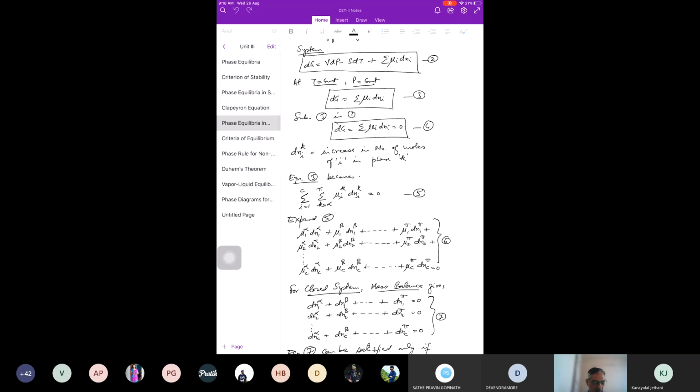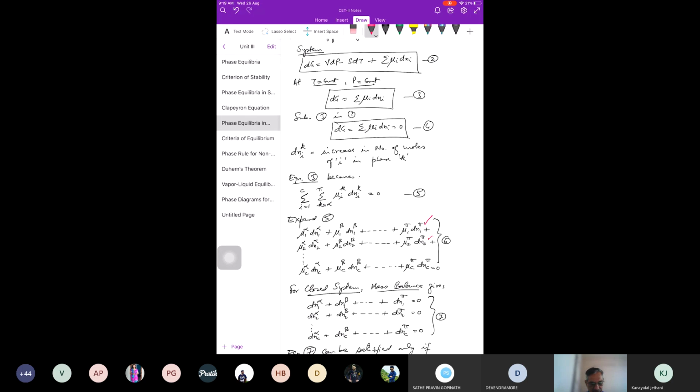So mu_1 superscript pi, dN_1 superscript pi. This is for component 1 in all phases. Then similarly for component 2 in all phases: mu subscript 2 for alpha phase, dN_2 superscript alpha, plus mu subscript 2 superscript beta, dN_2 superscript beta, up to pi phase. This second part is for the second component in all phases.